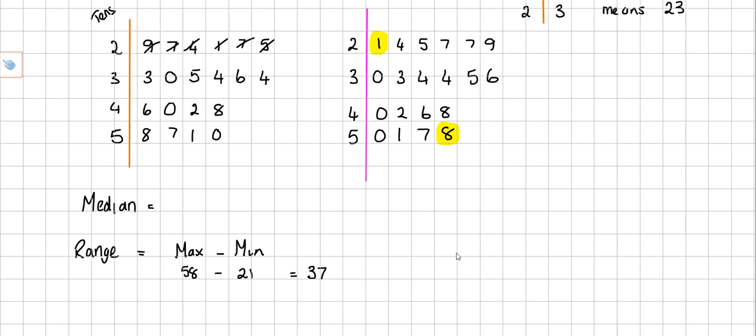Is that a big range? If the bottom person scored 21 and the top person scored 58, would you say that was quite a big difference? Yeah.